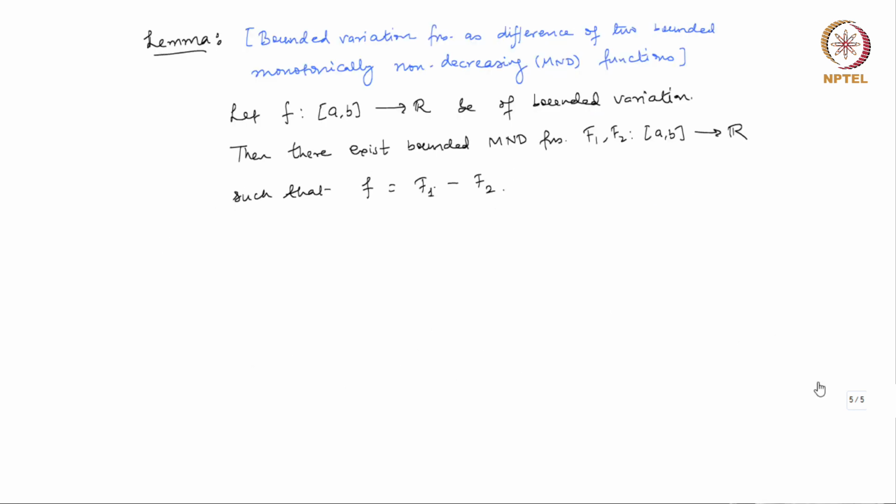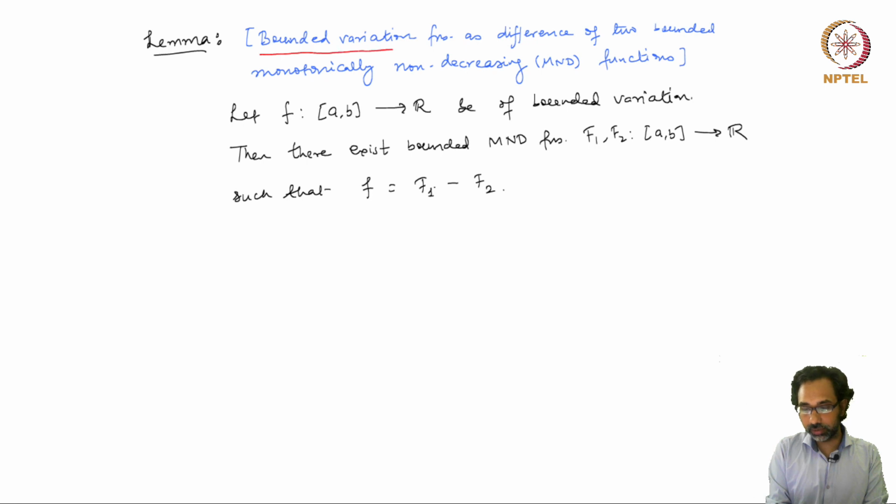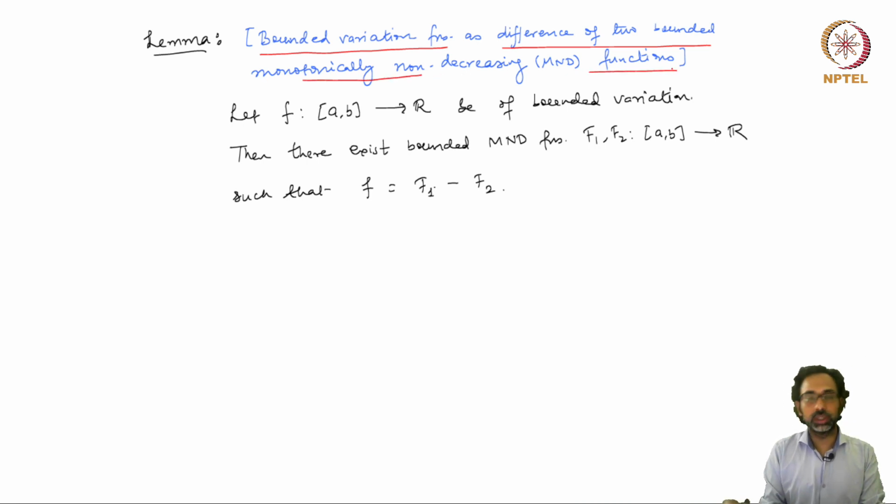Now we come to the first important property of functions of bounded variation, and this is given by this lemma, and this says that bounded variation functions can be expressed as a difference of two bounded monotonically non-decreasing functions, which can be defined from the given function of bounded variation.